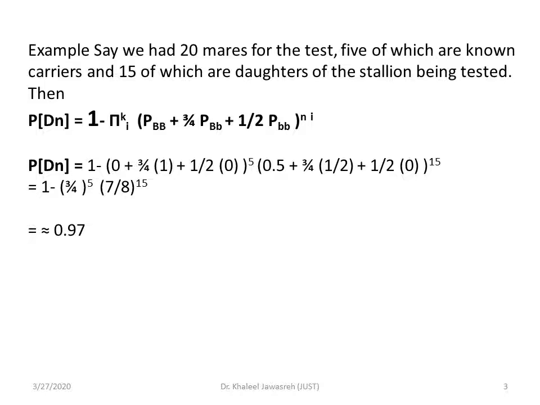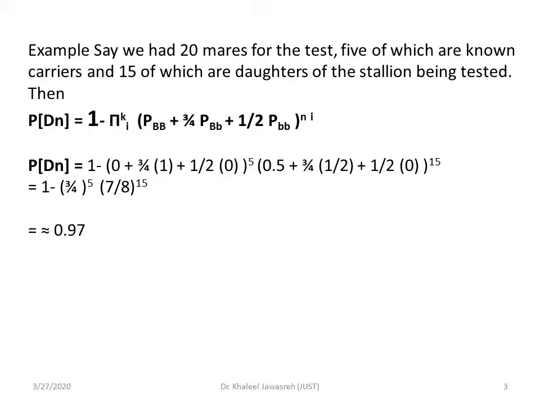The confidence is equal to 1 minus the product of the probability of B capital, B capital B small, and so on. So we'll apply it by using 1 minus the probability of being B capital for the first mating, 5 of which are non-carriers.